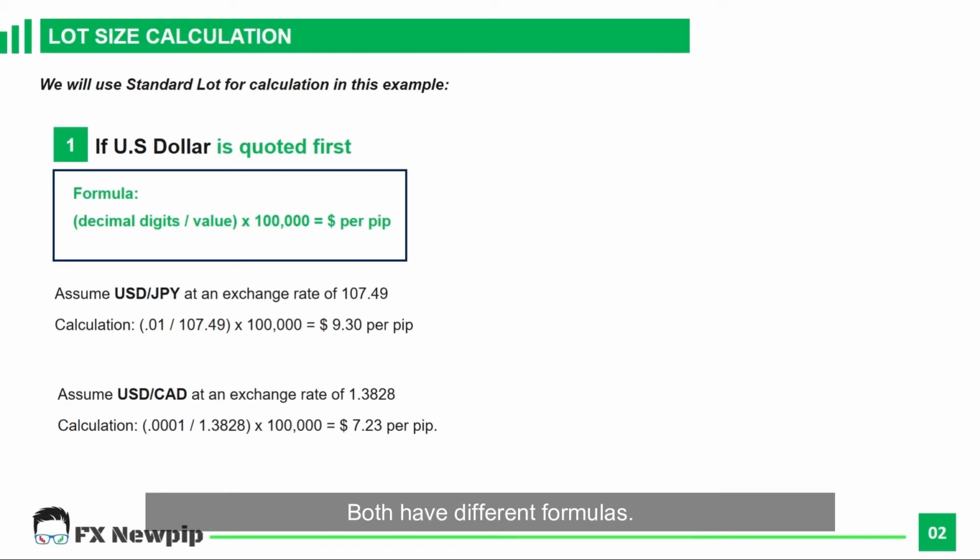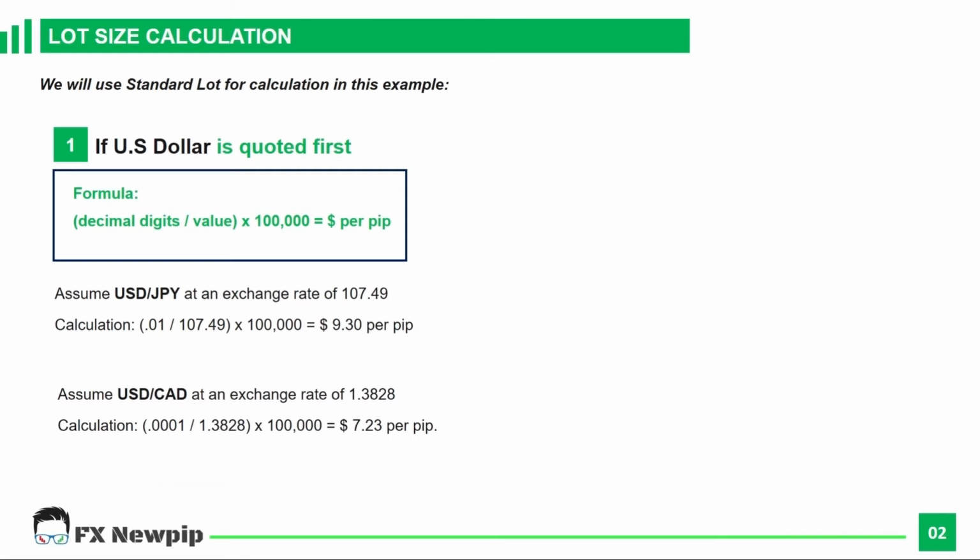Both have different formulas. Now, if the US dollar is quoted first, for example pairs like USD/CAD and USD/JPY, the formula is to take the decimal digits, divide by the exchange rate, and times 100,000. Why we times 100,000 is because in a standard lot the number of units is 100,000.